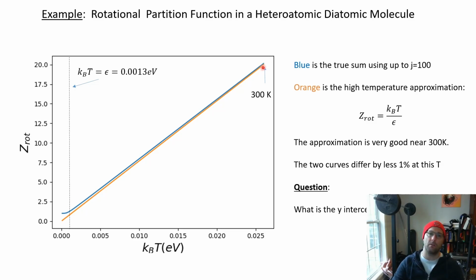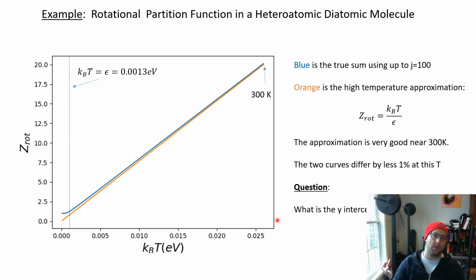So you can start to say that around here, certainly the high temperature approximation is pretty good. This is a good way to assess it. Even at these lower temperatures where the deviation is more visually apparent, you could get away with assuming a high temperature expansion if the precision you require to analyze your physical process is not very high. Maybe you're trying to do an order of magnitude estimate or something.